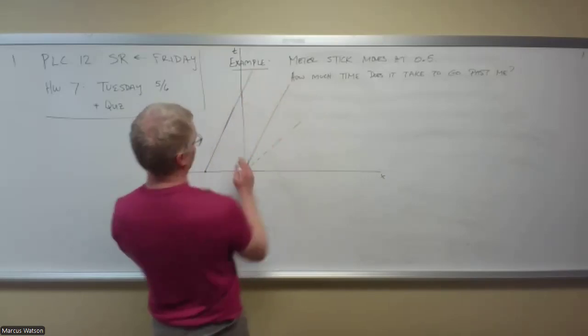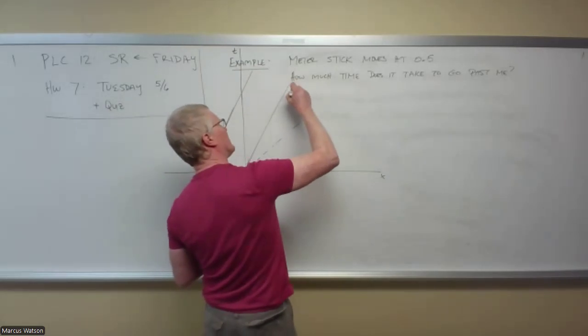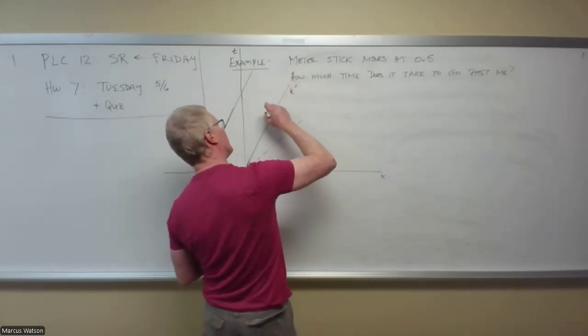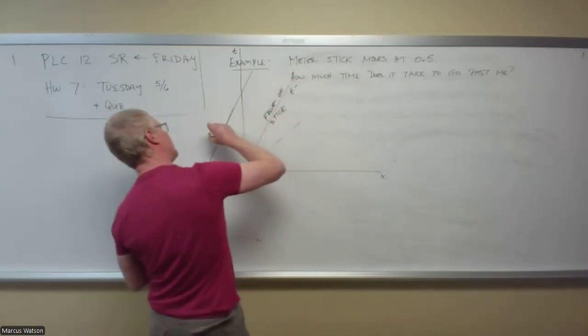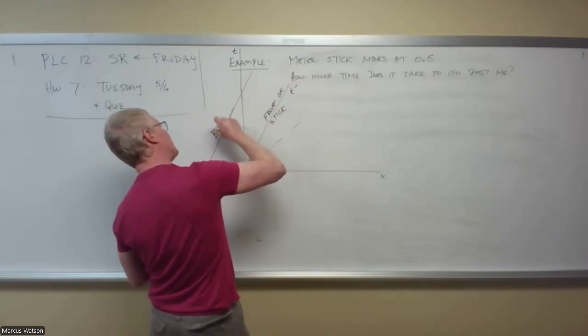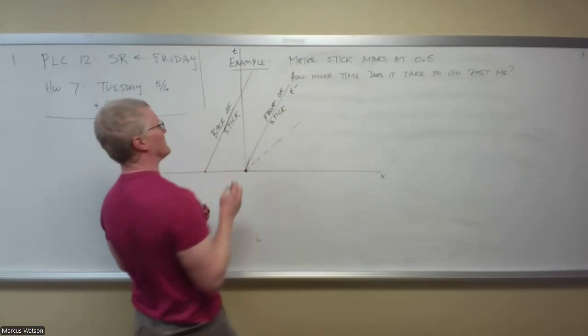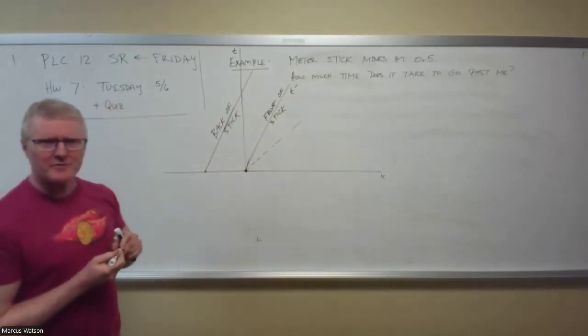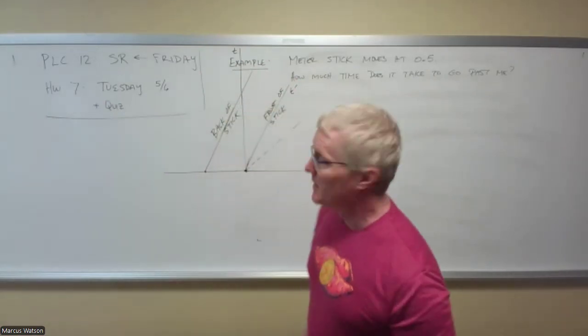Are those about parallel? Hopefully. So let's call that t prime. This is the front of the stick. This is the back of the stick. Those are the world lines of the front and back of the stick as they move relative to me in the earth frame.